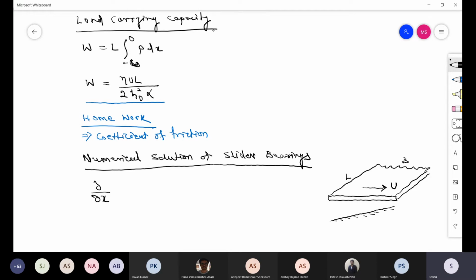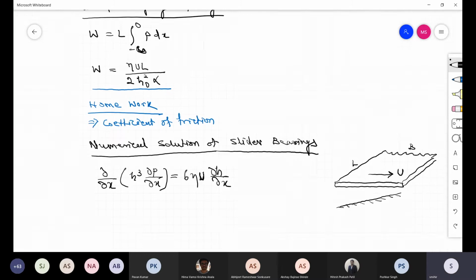So del by del x. Okay. Now rearrange this equation.